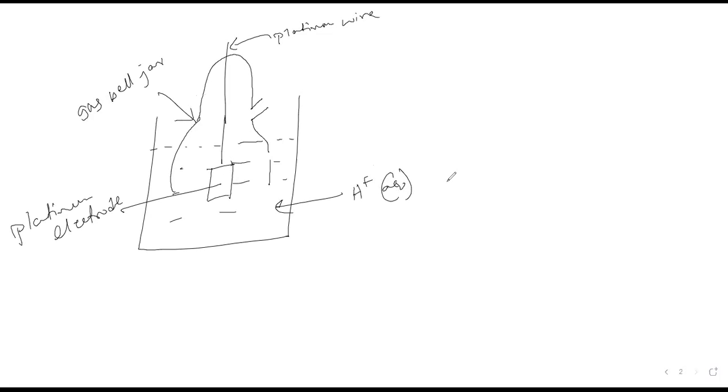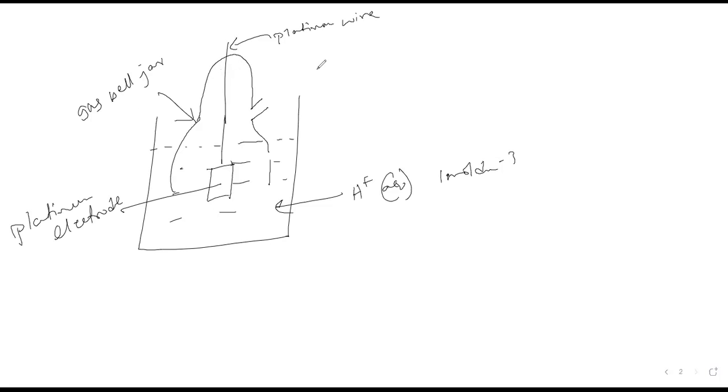That means this is an acidic solution. Any solution which contains H plus ion is more than enough. And what do we have? Yeah. So now is the part of hydrogen.